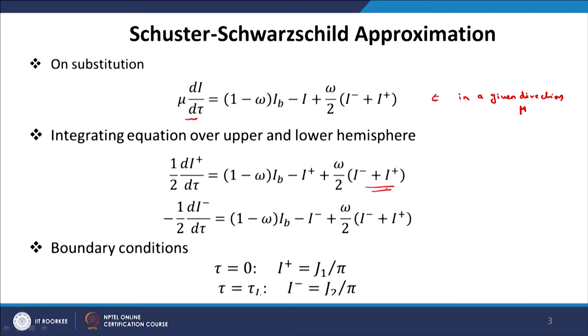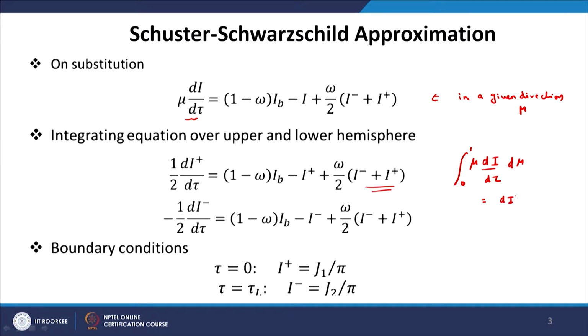Now, why this factor half is coming, I will just solve it for you. For mu dI by d tau we have to integrate over the upper hemisphere, that is 0 to 1 d mu. On the upper hemisphere the intensity is constant as I plus.